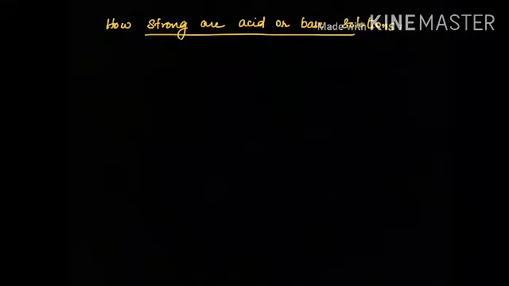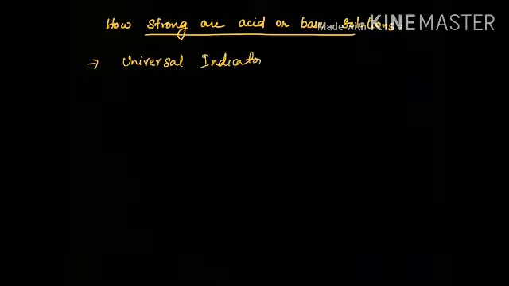Thank you. How can we find out whether an acid or a base is a strong one or a weak one? There are many methods to find out the strength of an acid or a base. The first method is by using a universal indicator.